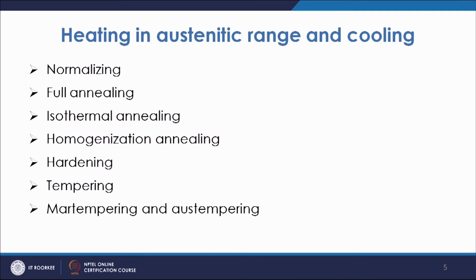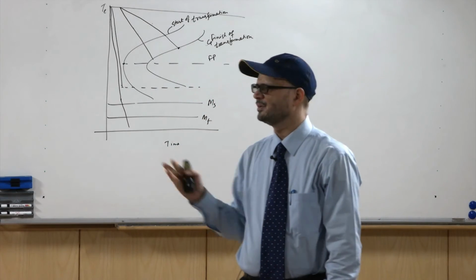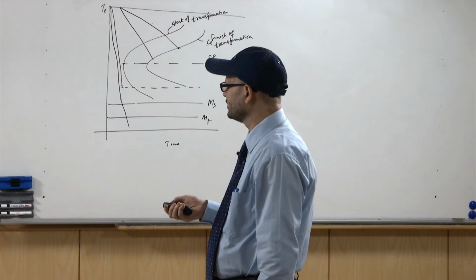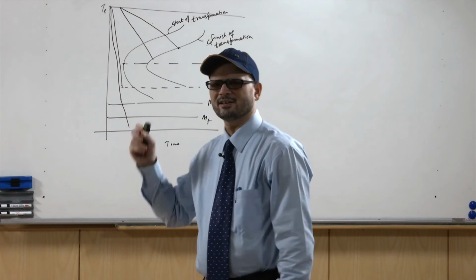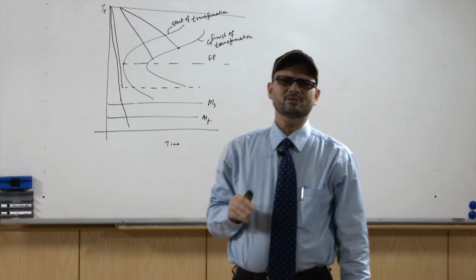Then after hardening, this tempering treatment is done, because if martensite is formed, it is extremely brittle. So, to give some softness to it, to make it a little tough, you give the tempering treatment where you heat to a slightly lower temperature, 400 to 500 degrees centigrade, maybe the temperature ranges from 200 to even 500 degrees centigrade, and then you keep it at that temperature for some time.